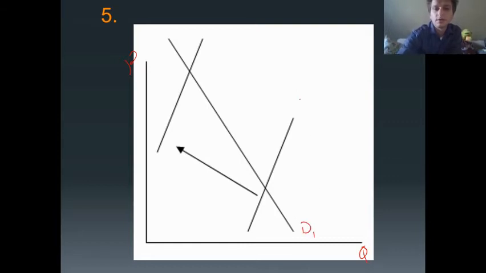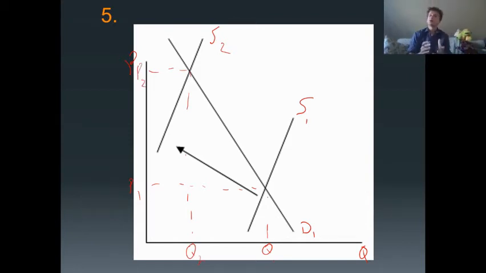We have one demand curve. We have two supply curves. We label our equilibrium price and quantity. So here, partially due to the large shift in supply, but also partially due to the steepness of the demand curve, we have a large change in price.